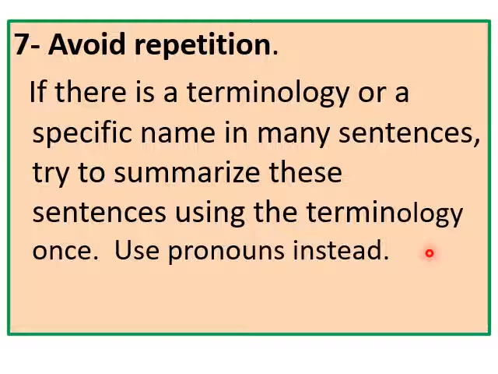But it is not logical to repeat it as it is repeated in the original text. For example, if a specific terminology is repeated 5 times in the original text, it is not correct to repeat it 5 times in my summary. I have 2 major steps for using any scientific name that is repeated in the original text.